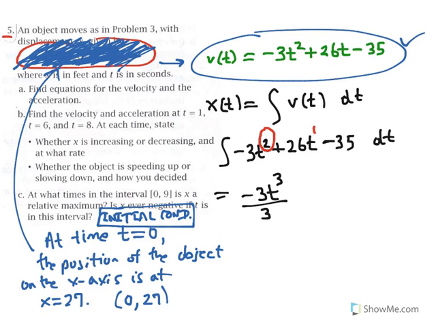Here, the exponent is 1, so when you add 1 to that, you get 2. So you have 26t squared, and divide that by 2, the new exponent. Here you have minus 35, so you're going to write minus 35t. If you differentiate minus 35t, you will get minus 35.